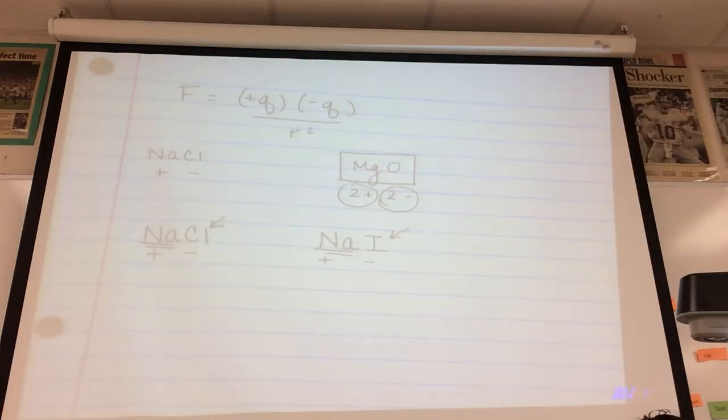Which ion has a larger radius, chloride ion or iodide ion? Iodide ion. And in the back, I immediately saw some of you looking at the periodic table, which is absolutely the way to go. You know that iodide ion is larger than chloride ion's radius. Why?